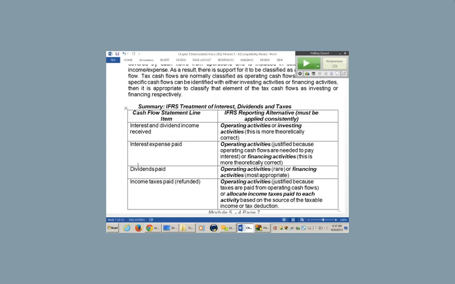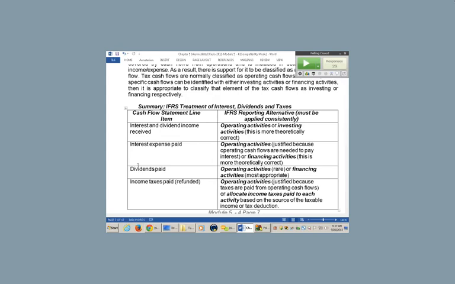So there's a very strong view that interest paid should be part of operations because it is in fact needed for the company's day-to-day activities. Dividends paid, well, it's rare, but they do give you the option to put this into operations. Same argument. If you're financing through equity, the cost of equity financing should be considered part of operations. And taxes.